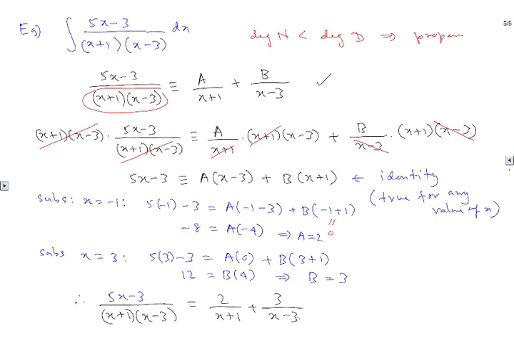Okay, so we find the two unknowns. We use the substitution method. We substitute special values so that those numbers come really fast.